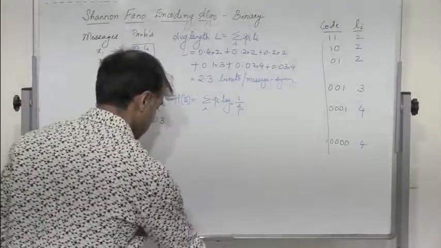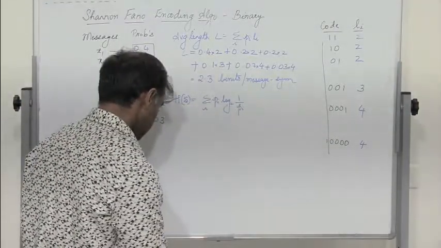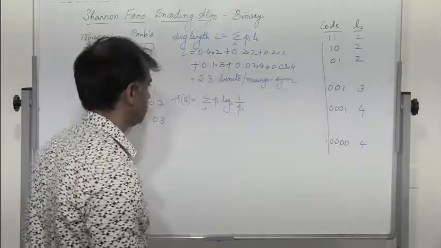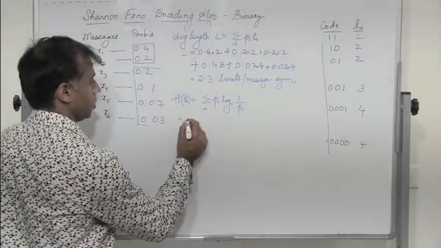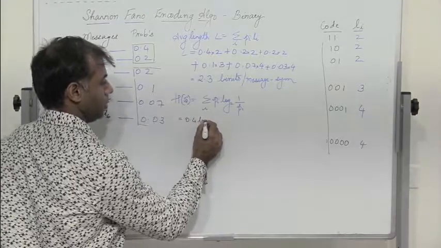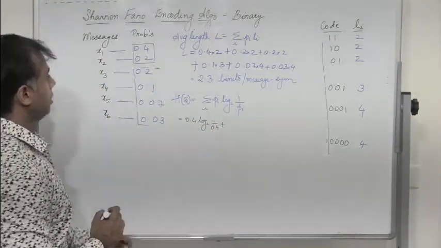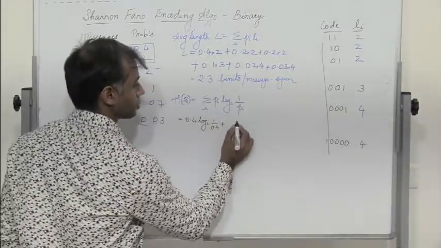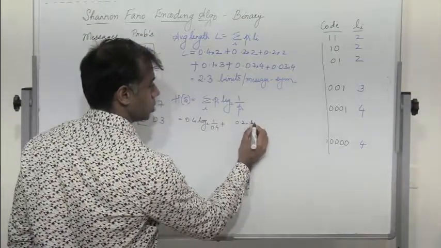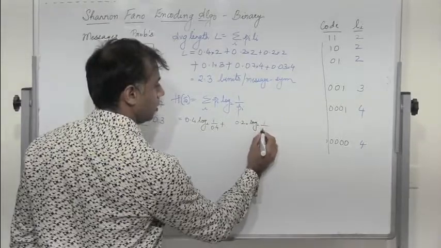So what do we have here? For the first case we have 0.4 log base 2 of 1 by 0.4 plus 0.2 into log base 2 of 1 by 0.2.